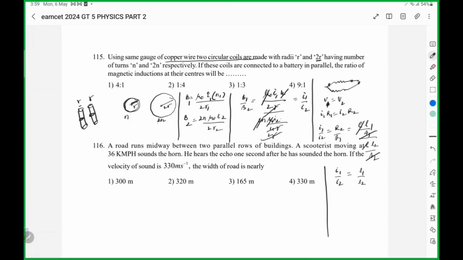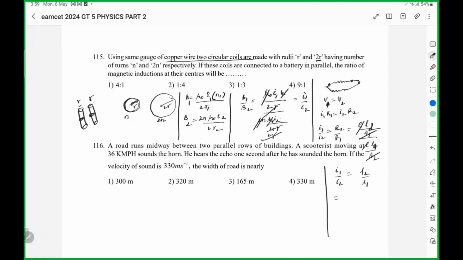Here you have n turns, for one circumference 2 pi R1. L2 is having 2n turns. Here it is L2 by L1. Sorry. L2 by L1.